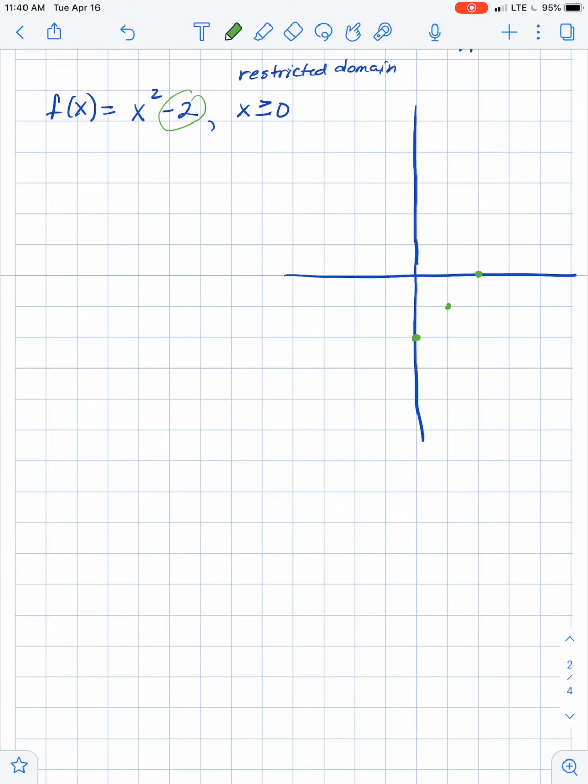And if I put in a 3, that would be 9, that would be all the way up to 7. 1, 2, 3, 4, 5, 6, 7. Okay, so basically, here is my graph. Okay, so it's going to look something like that.